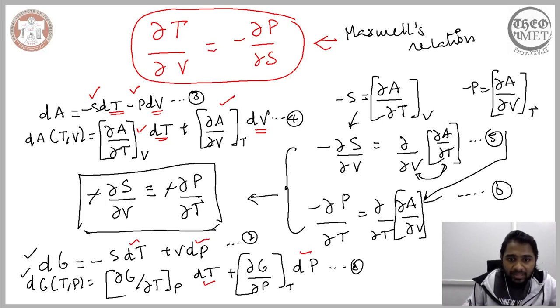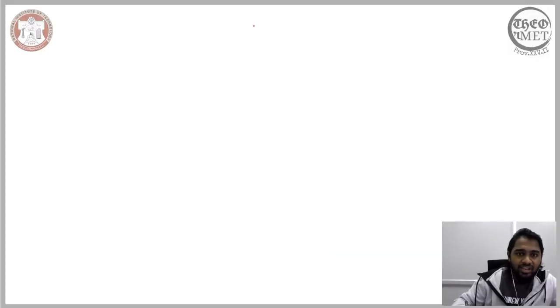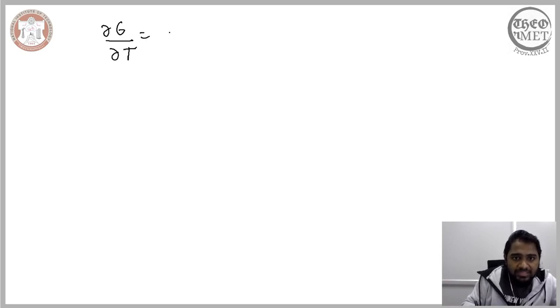Therefore, by comparing expressions 7 and 8, we can arrive at this relation, that the change in the Gibbs free energy with respect to temperature is the negative of the entropy, and the change in the Gibbs free energy with respect to pressure is volume.